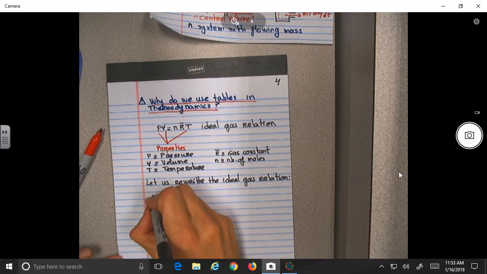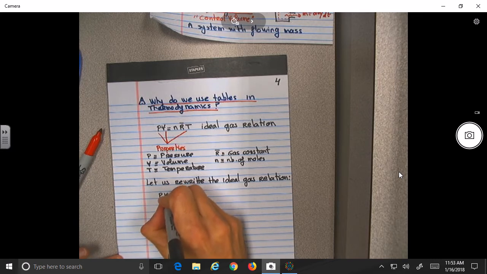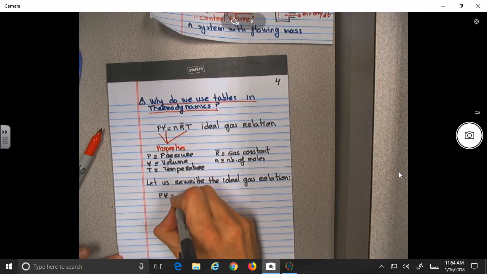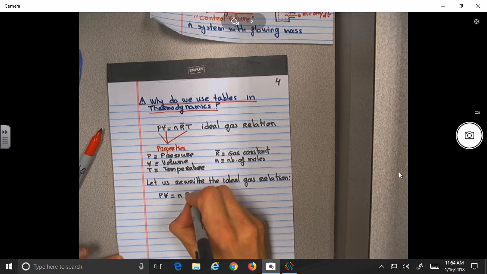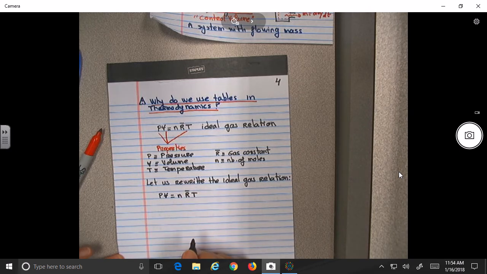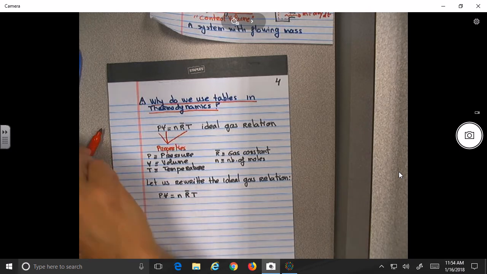Okay, so we have PV equal nRT. So by definition, what is N?